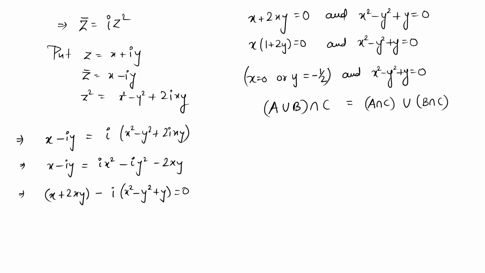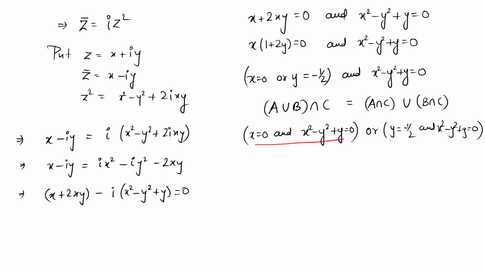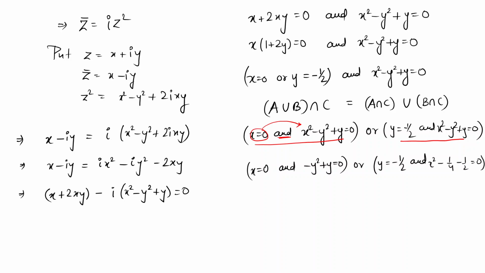So x is equal to 0 and this, or y is equal to minus half and this, and x is equal to 0. If x is equal to 0, you put here, and this is in AND relation. So this and this both need to happen. So this is already happening. You can put this condition in this equation and you get that. And similarly, you put y equal to minus half in this other condition, and you get this equation.